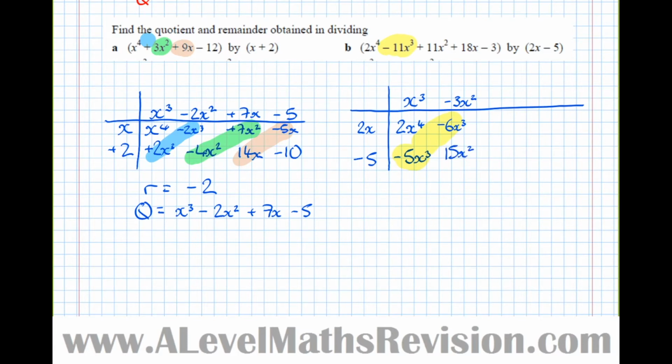And then we can fill in the grid. 15x squared. But we don't want 15x squared. We want 11x squared. Adjust for it. Make the total 11x squared. Minus 4x squared.